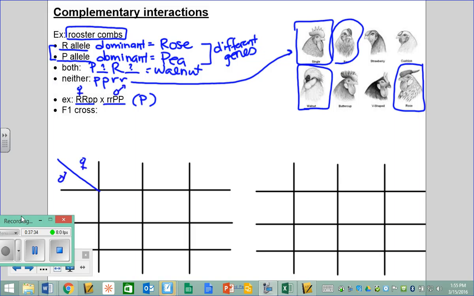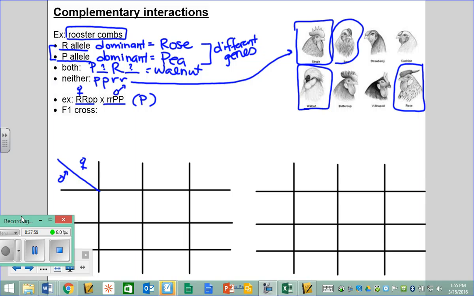Female, male. Now, what kind of gametes can my female make? Gametes are haploid. They have half the chromosomes that the parent had, but they have to have one of each letter. So I could not make a gamete that was capital R, capital R. That's not half the chromosomes. I've totally taken one away.